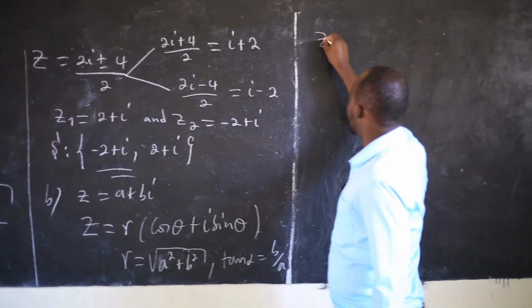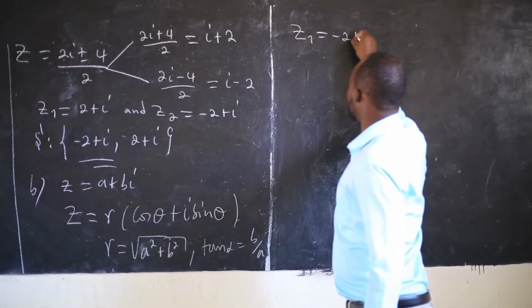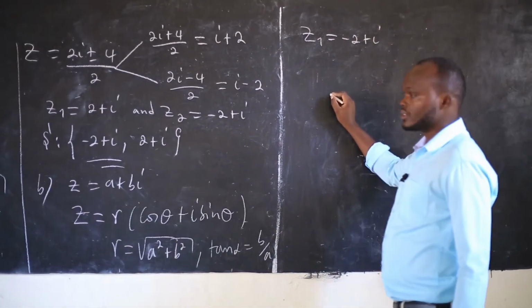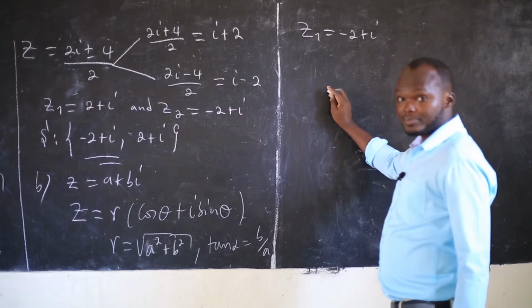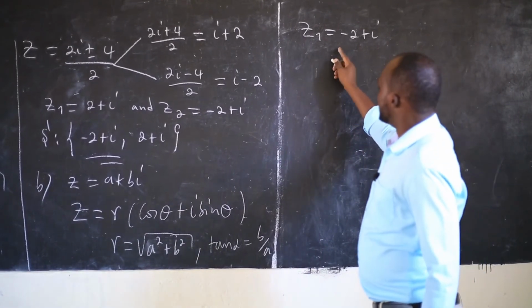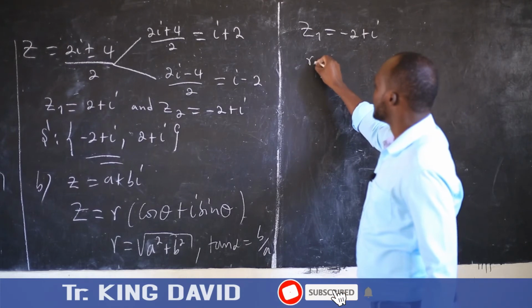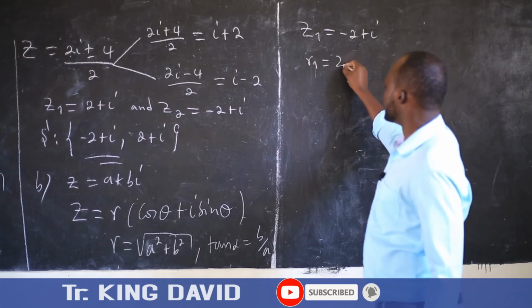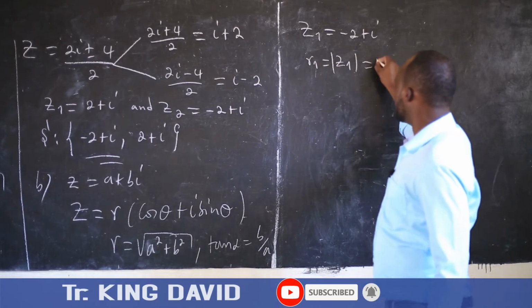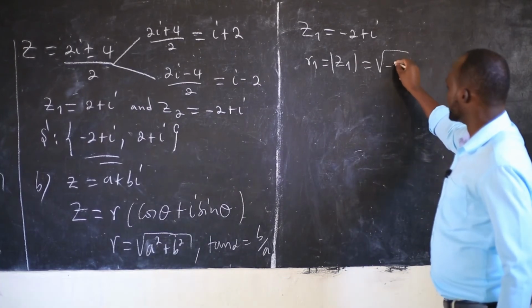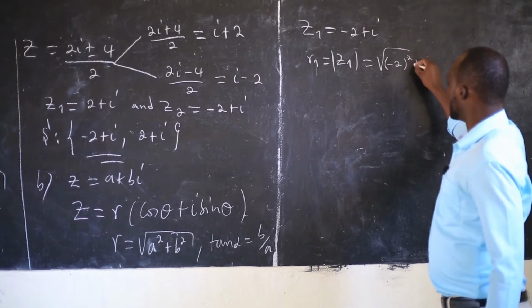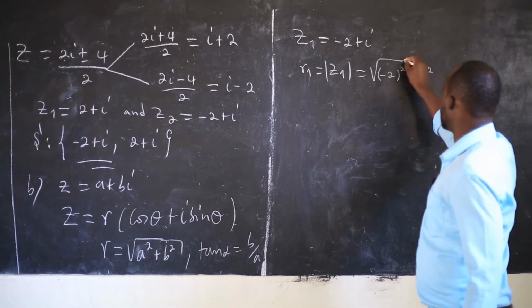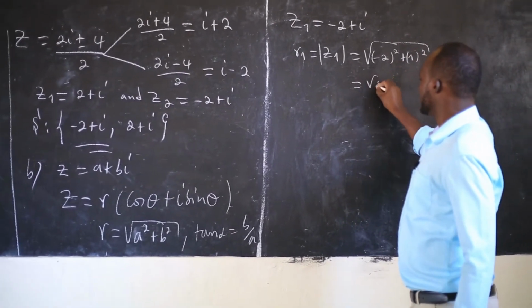Let me start with z1, which is negative 2 plus i. Here, r1 is the modulus of z1, which is the root of negative 2 squared plus 1 squared. The answer is root 5.